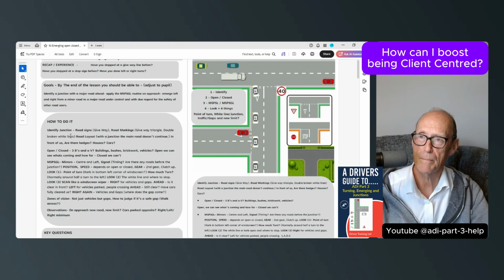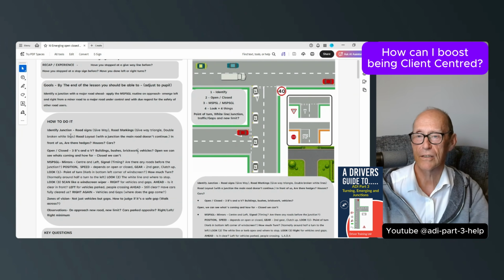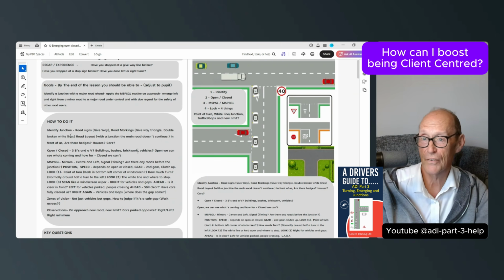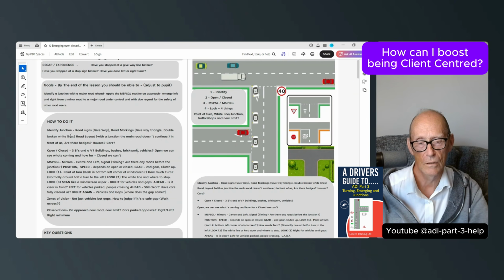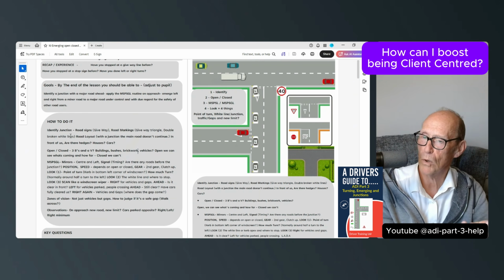So can we remember, how do we identify that there's a junction coming up, Chris? Oh, I don't know. Great, fill in the blanks. How do we know there's a junction? Road markings, road signs. What road sign would you expect to see, Chris? Oh, don't know. What road markings? But what was the third way?